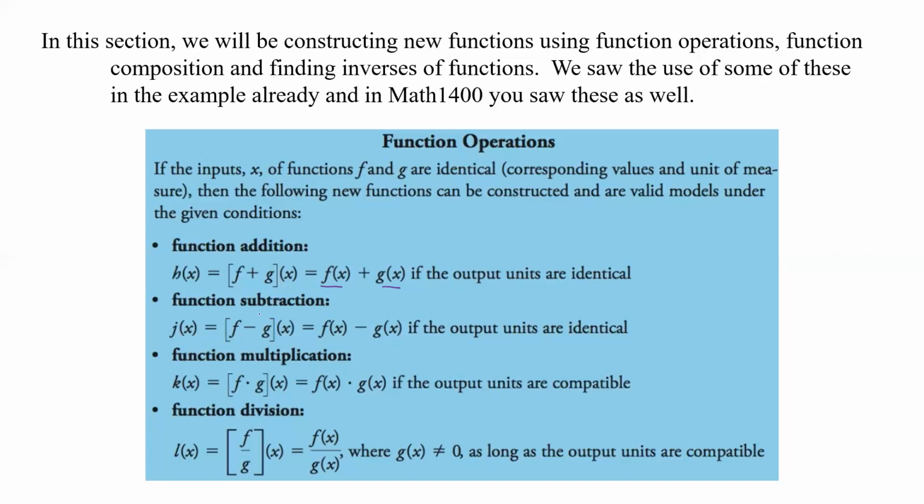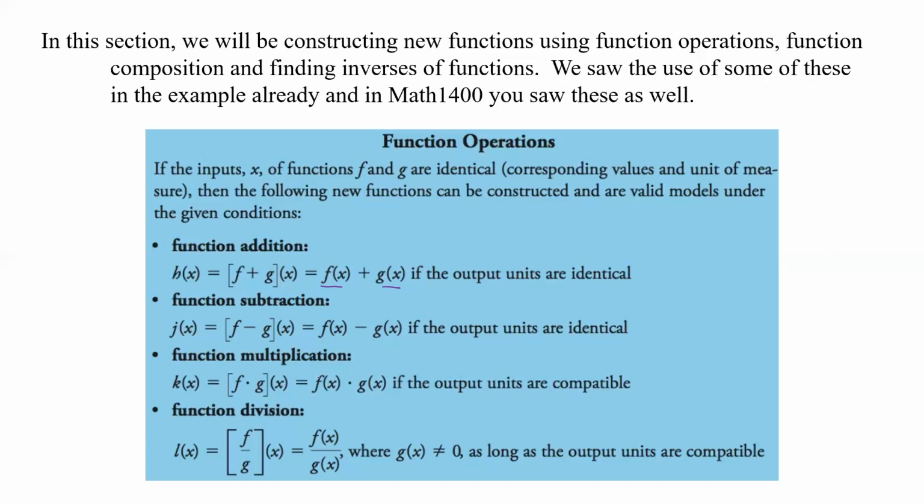Same thing with subtraction. F minus g of x, we just take f of x minus g of x, and as long as our outputs are identical, that's a legal thing we can do. And we just take that minus that, and we get our values. Multiplication: here we take f times g of x, which is f of x times g of x. Here the outputs have to be compatible.